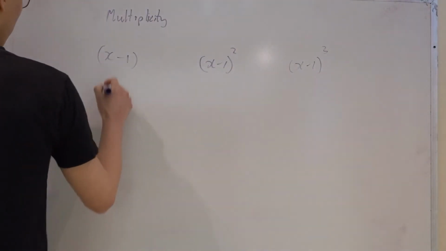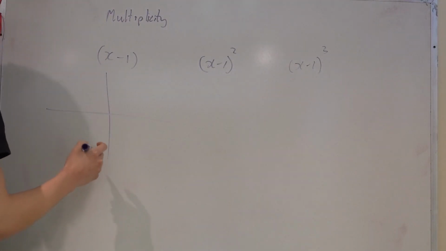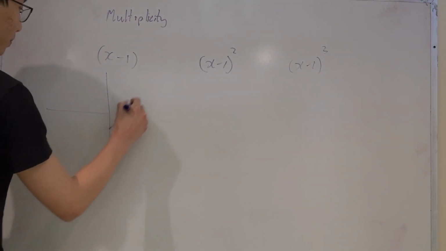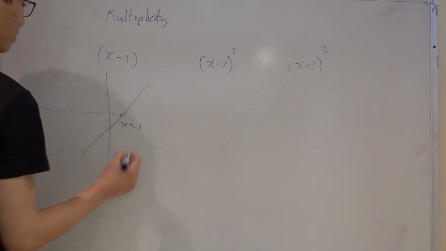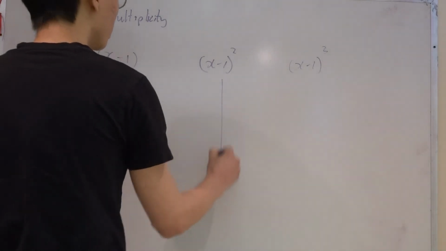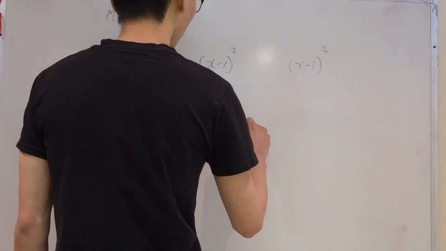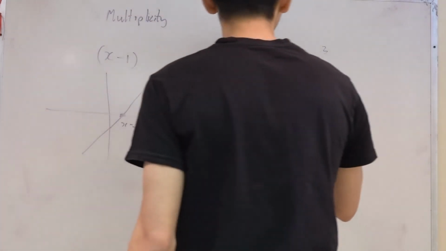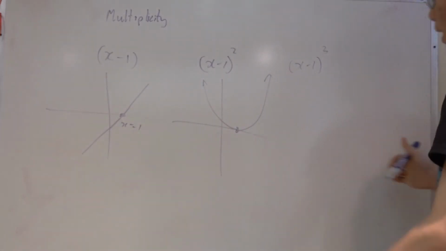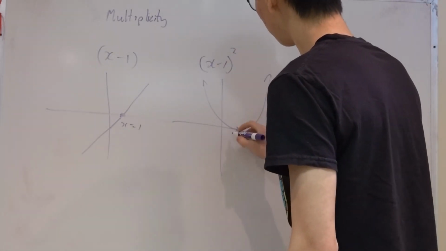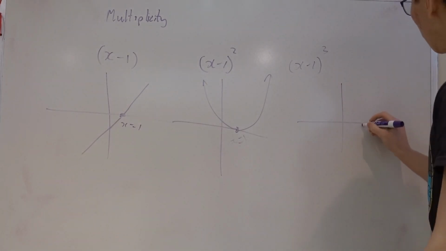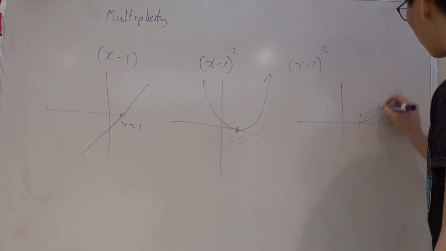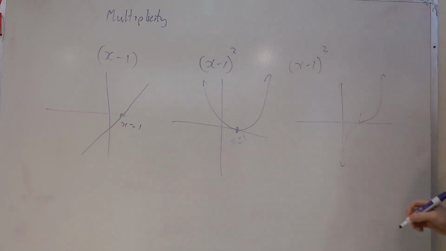So if you do this, what you'll notice is that you get something like this. Okay? And it's a 0 at x equals 1. You do this one, right? You'll get a quadratic that intersects the x-axis, again at x equals 1. And if you do this one, you'll get a cubic that intersects the x-axis right here.